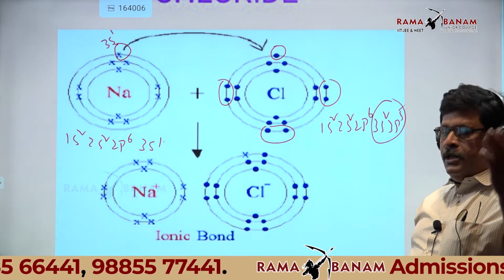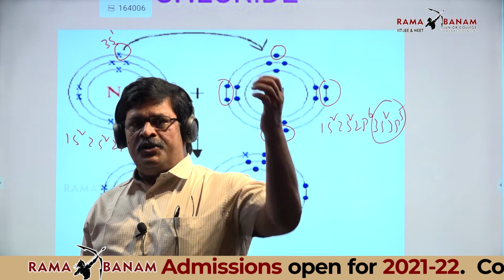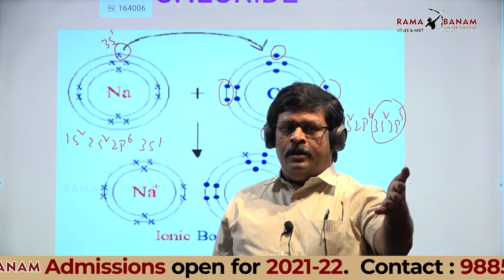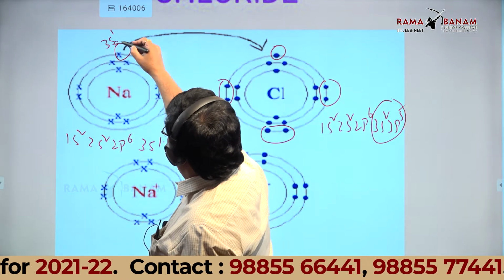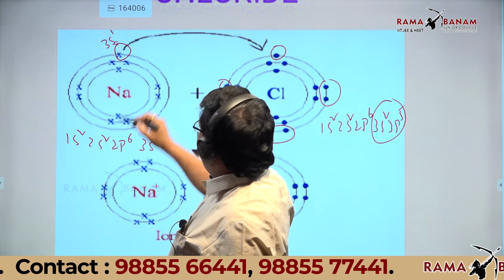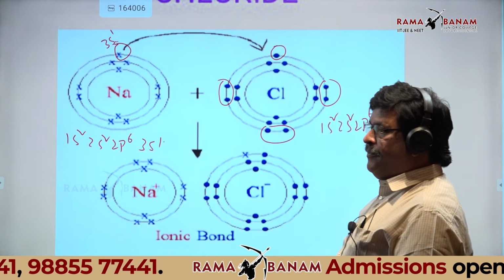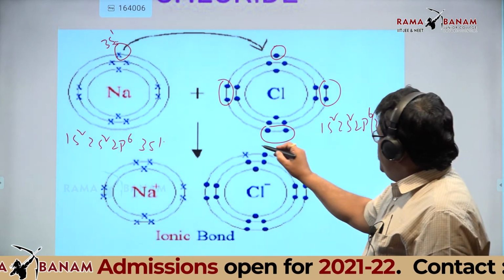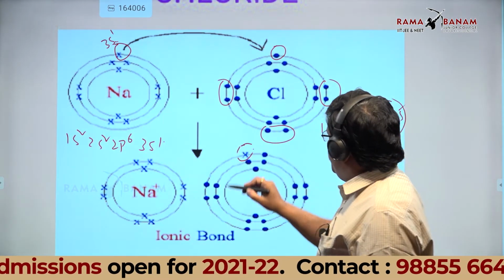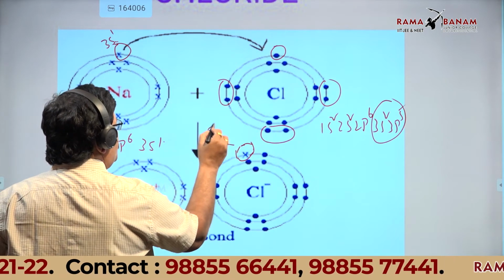So what is happening in the formation of NaCl? Sodium loses 1 electron, chlorine gains 1 electron. So sodium loses this 3s electron, and it goes into the outer shell of chlorine. This is the electron of sodium.